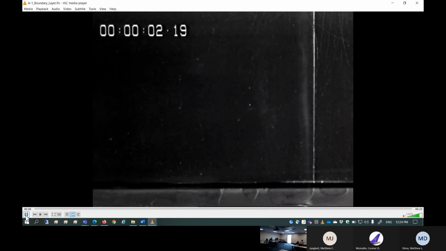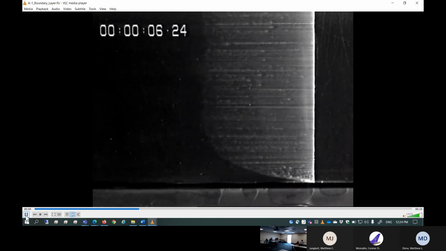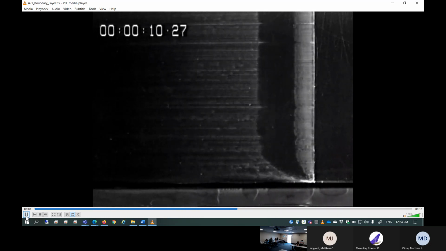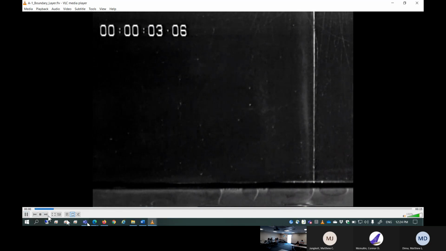So now you are seeing the boundary layer with your own eyes. Thickness-wise, this is probably about 2 centimeters. You are really zoomed in using a high-speed CCD camera. Obviously, this is the boundary layer developed on a flat surface.